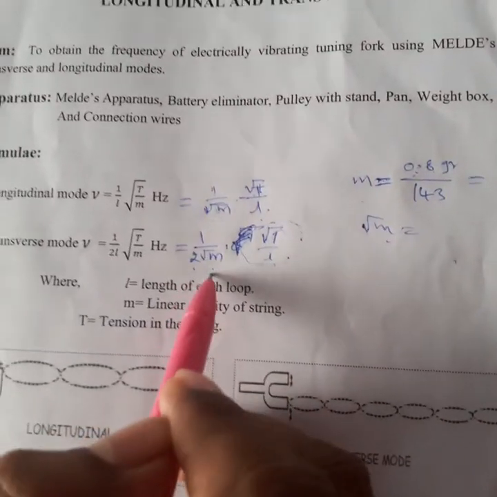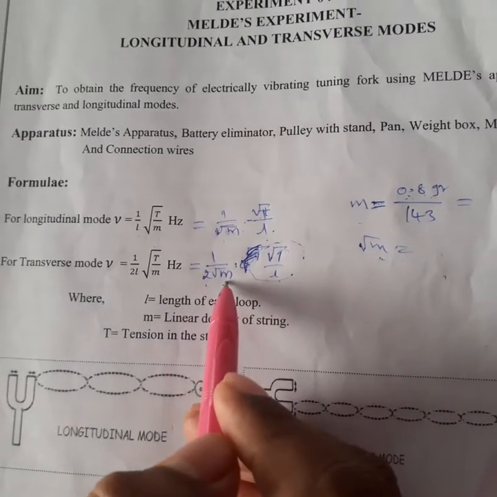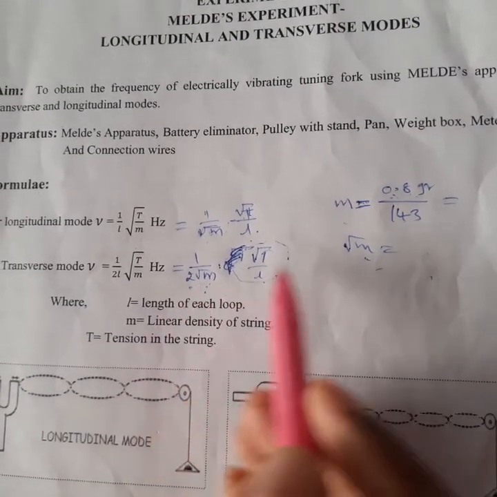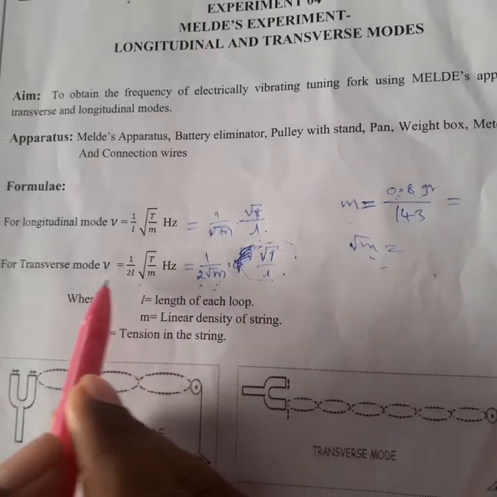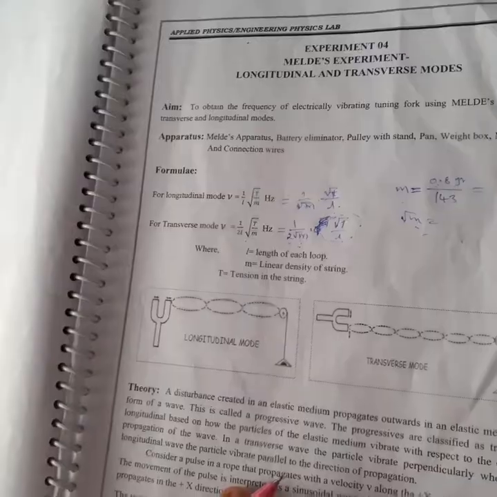Substitute that value in this formula, and again you can substitute the root m value, that is the linear density of the thread. By substituting these two values in this formula, you can get the frequency of the tuning fork. This is the transverse mode.